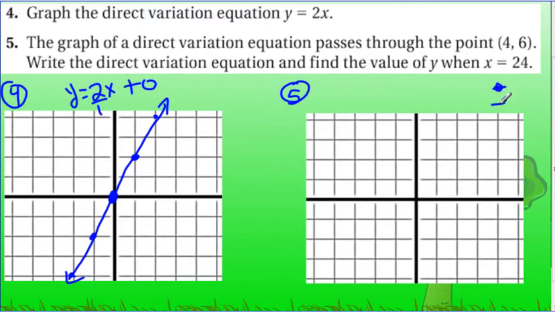So it goes through that point. Do we know where else this graph would go through? Well, it has to go through the origin. That's what makes it a direct variation equation. And then, if you imagine a line going through here, something like that.